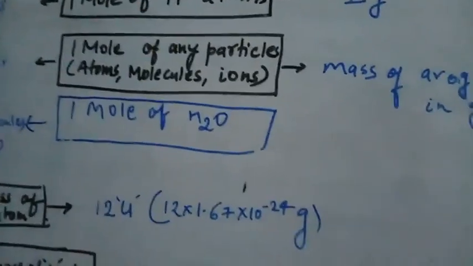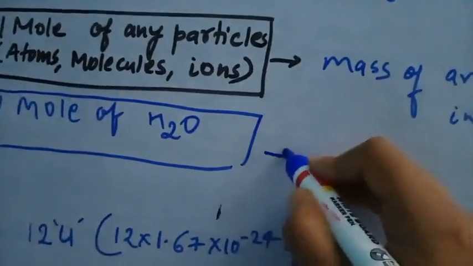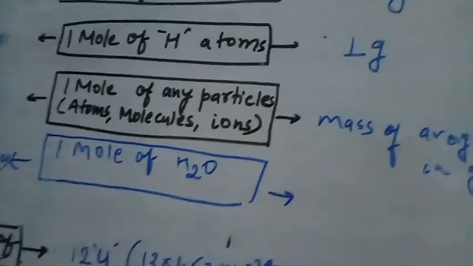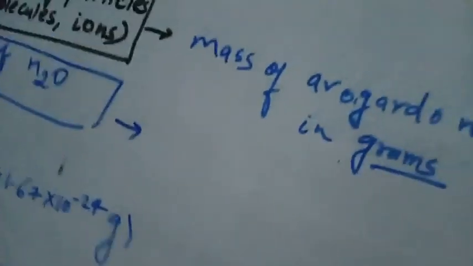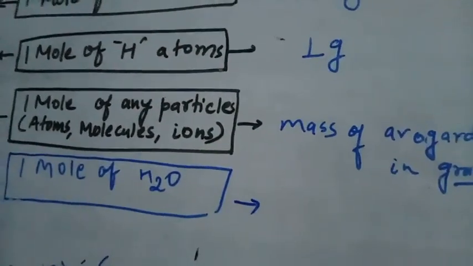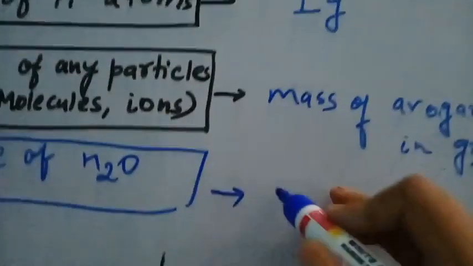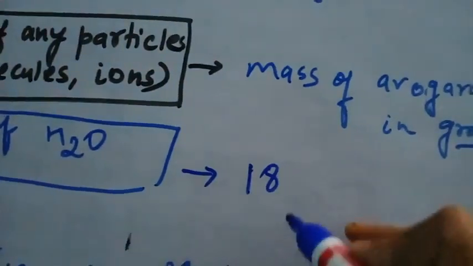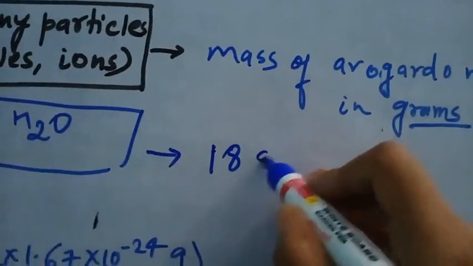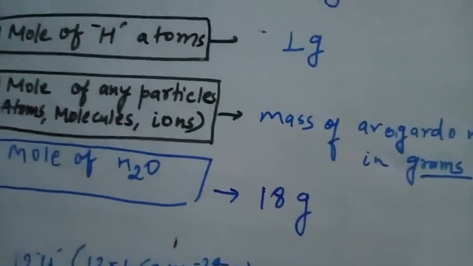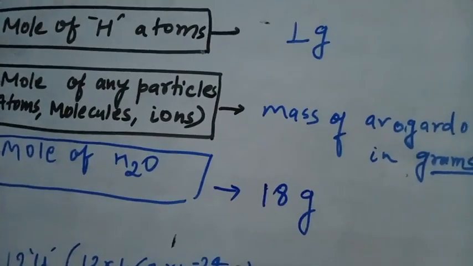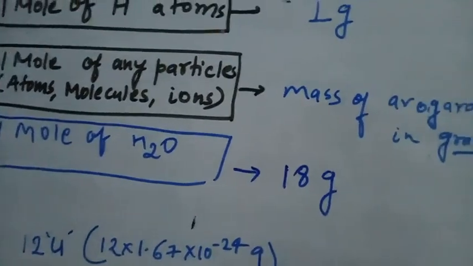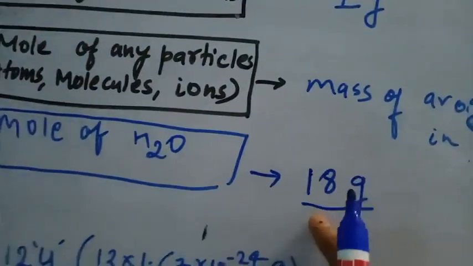And what would be the mass? Mass we can again recall by molecular mass of water, it is 18 U. So replace the unit by gram. You will get the value of mass of 1 mole of water. So 18 gram represents what?